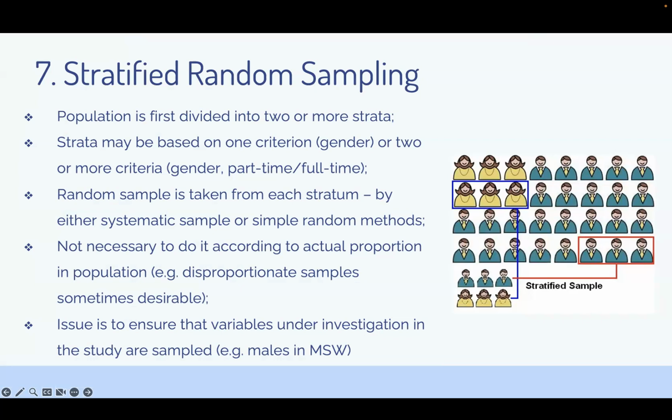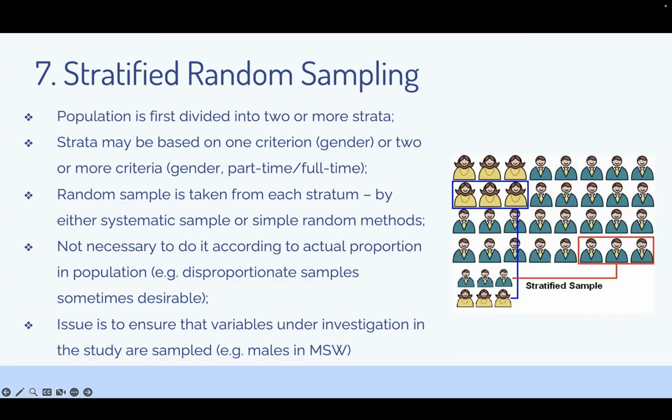First, we split our population into different groups or strata based on characteristics like gender or job status. Then we randomly select from those subgroups. It's not just a free-for-all, it's about ensuring we get a slice from every piece of the demographic pie.